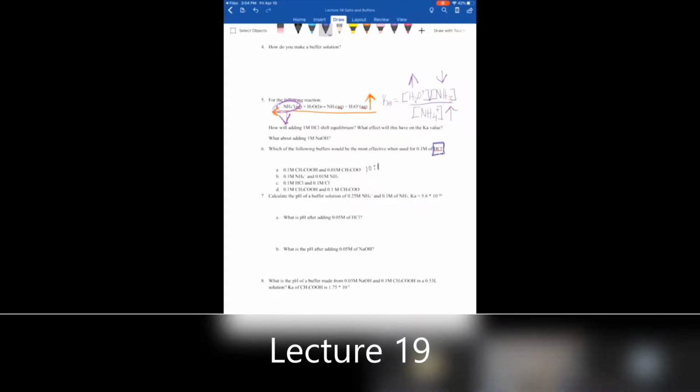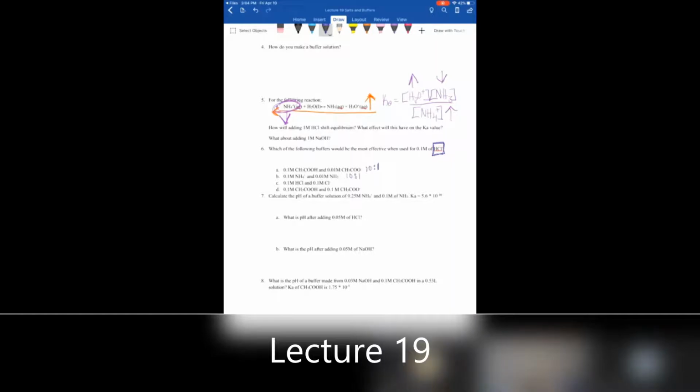Okay, so what about 0.1 M NH4 and 0.01 M NH3? That's still 10. And what about 0.1 M HCl and 0.1 M Cl minus? That's 1 to 1.